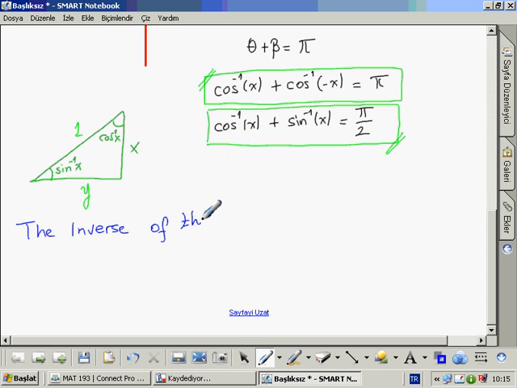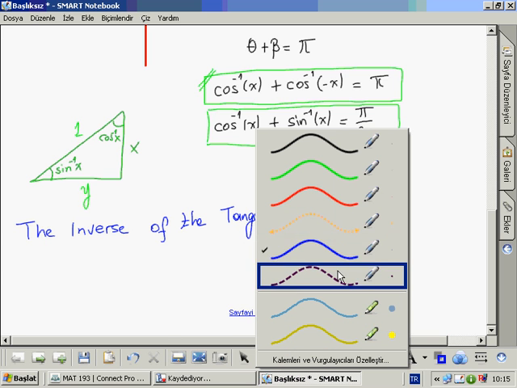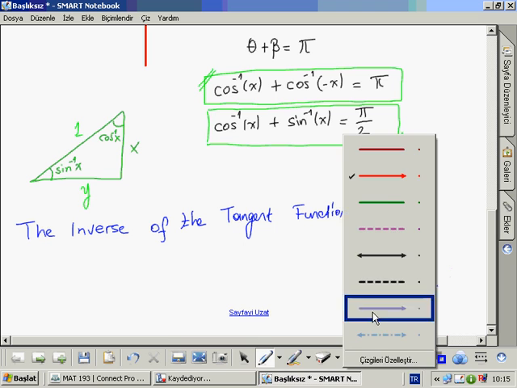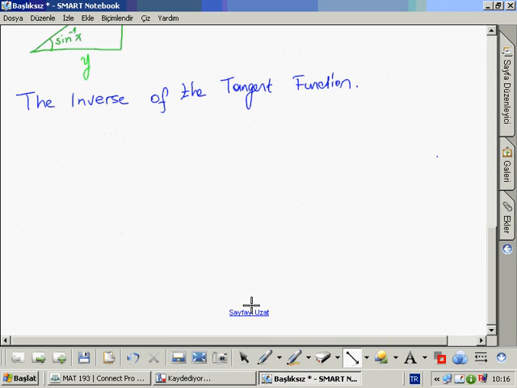The inverse of the tangent function. Firstly let's talk about its graph on the coordinate system.